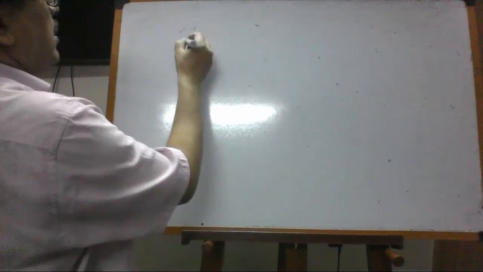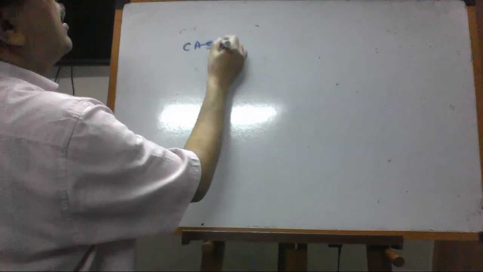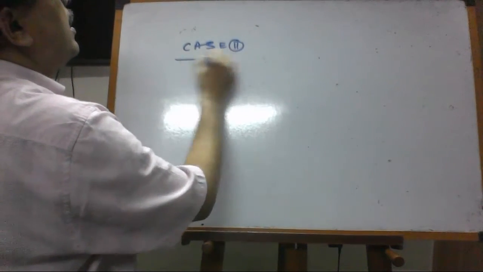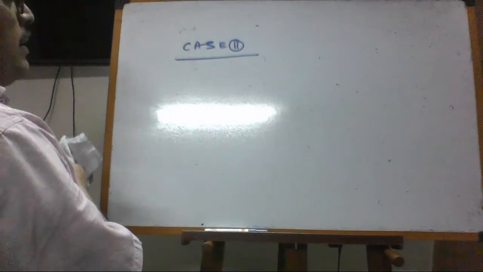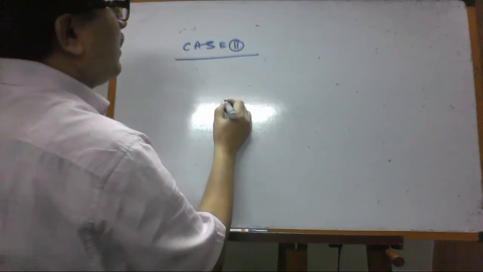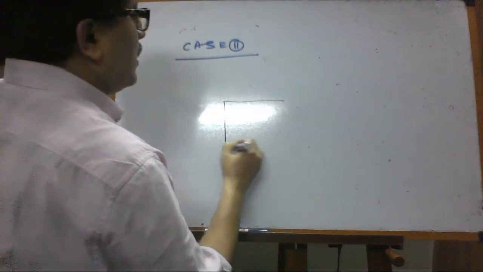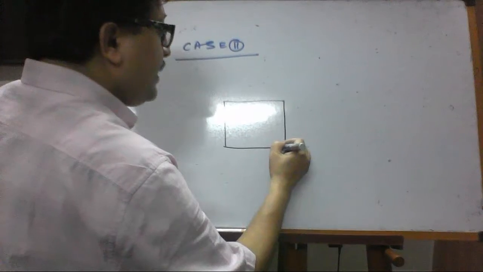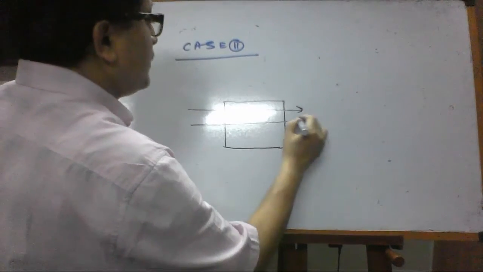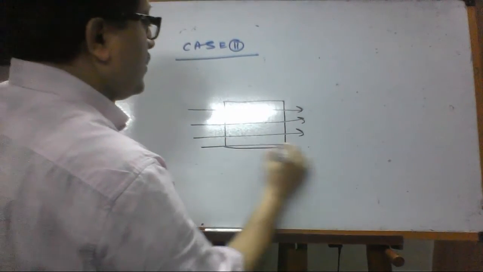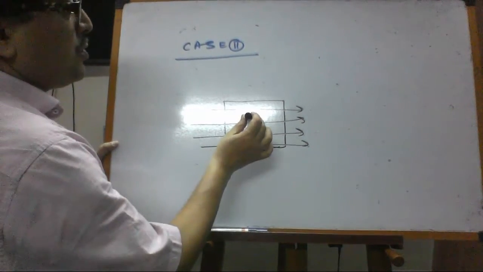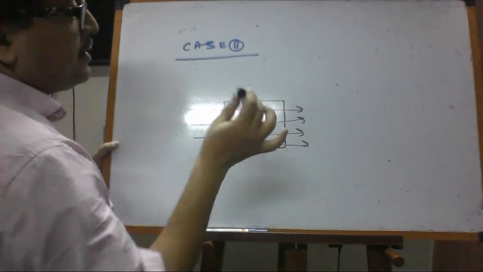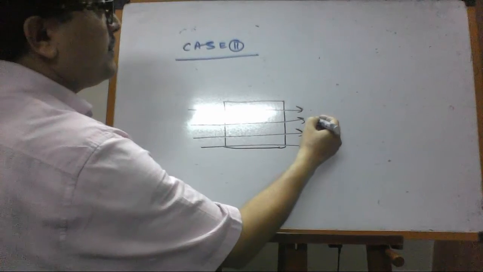Case 2. Case 2 is the case when the area is kept this manner. I cannot draw it actually, but the area vector is this manner and electric lines of forces are going this way.